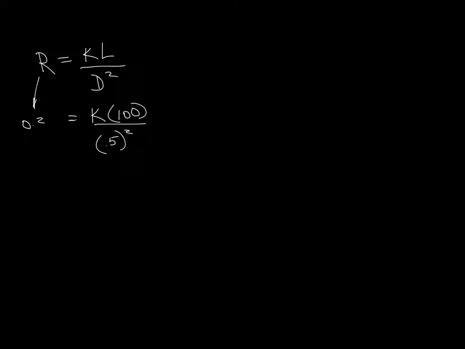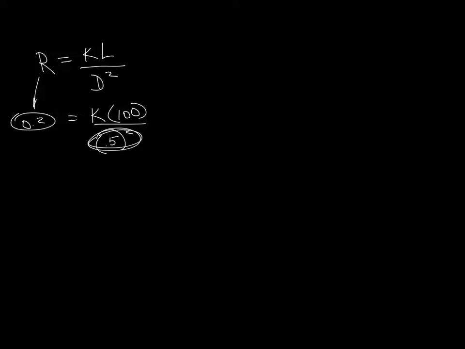Now we can find k. So let's go ahead and find our k, and you do all the math. You take 0.5 times 0.5 and then multiply both sides by that answer, so that times 0.5 squared, and then you'll divide by 100. You know how to find k given that information.